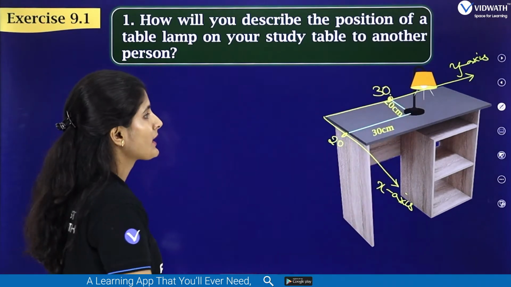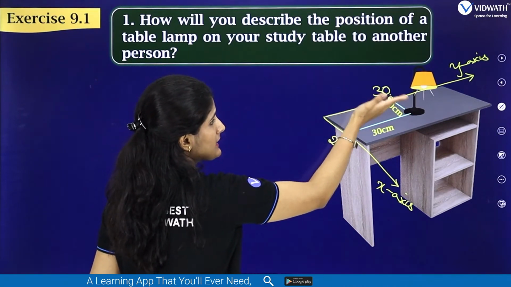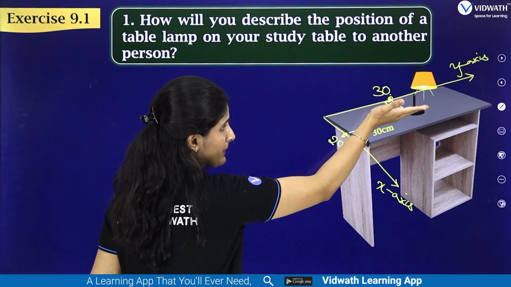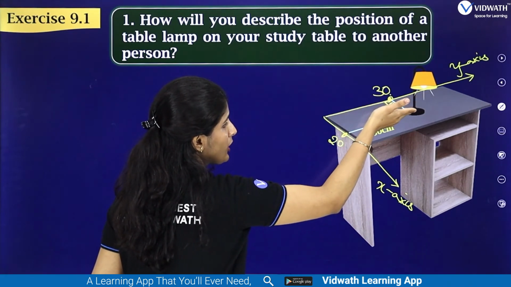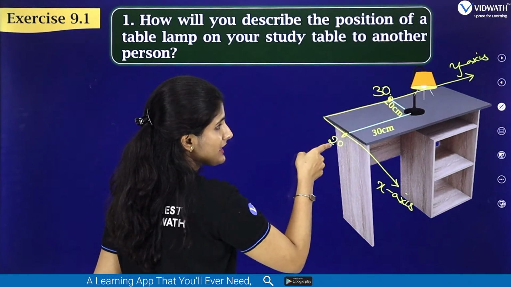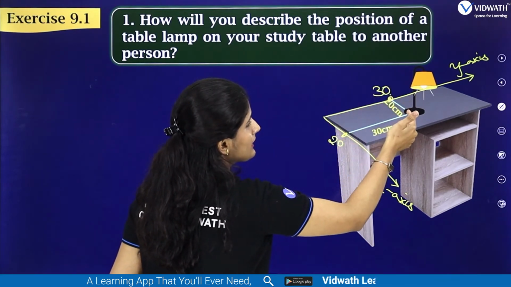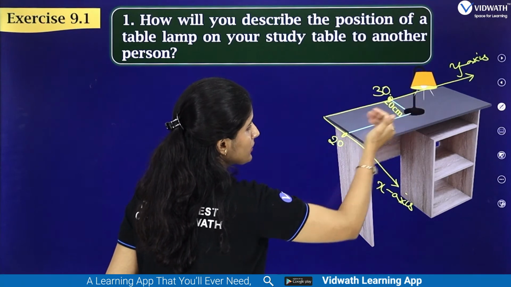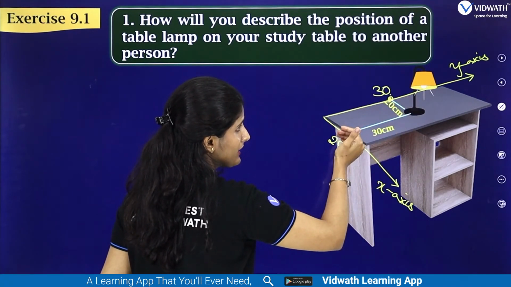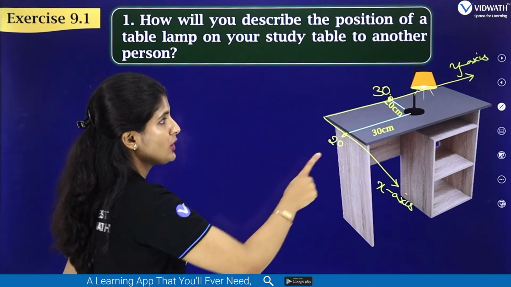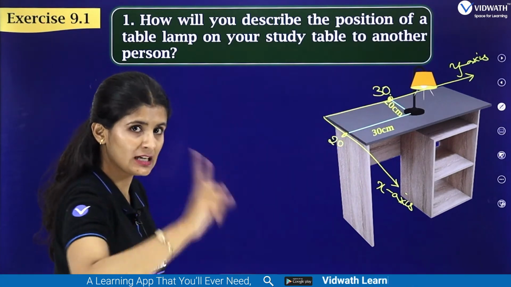Isn't it, students? If 20 centimeters is the distance from the y-axis to the object, that means the perpendicular from the object to the x-axis meets the x-axis at 20. Also, if the distance from the object to the x-axis is 30 centimeters, then the perpendicular to the y-axis from the object meets the y-axis at 30.